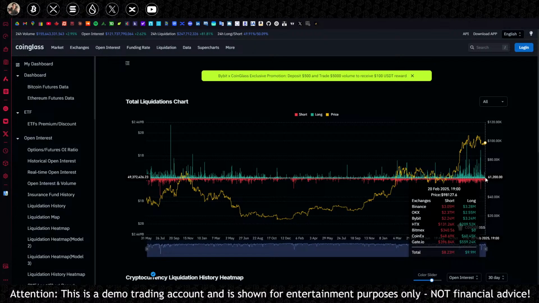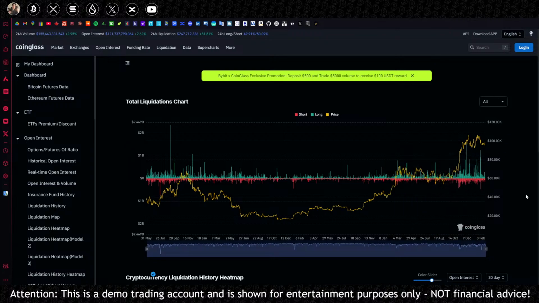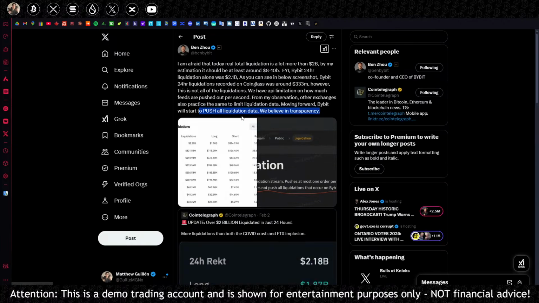That just goes to show the amount of too much leverage going. Why does BitMEX have no long liquidations? Maybe they're waiting to access that data. That might just be the case, 'cause surely there's a couple thousand that are liquidated at least, right? So, yeah, anyways, stuff like that. Bybit is now participating in pushing all liquidation data.